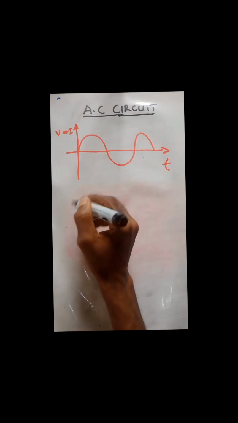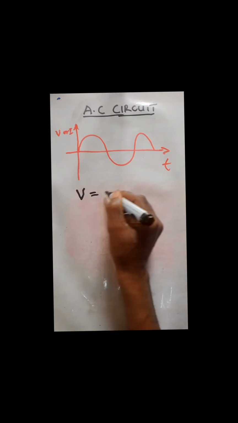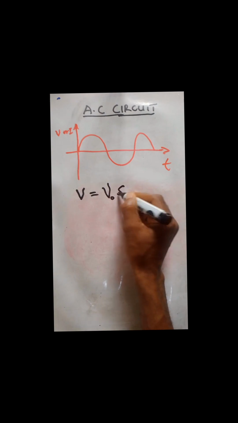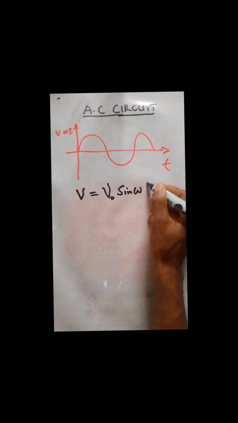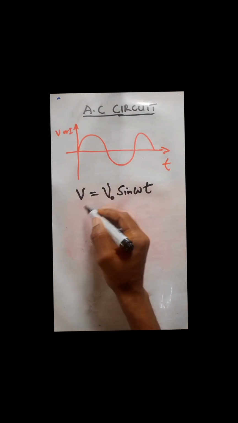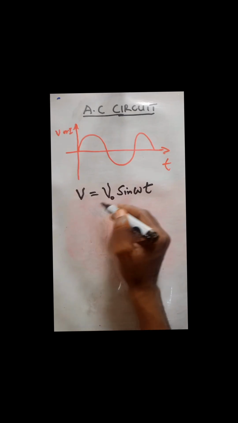Alternating current is produced by an alternating voltage source. And this is a relationship given by V equal to V maximum sine Wt, where V is your instantaneous voltage.